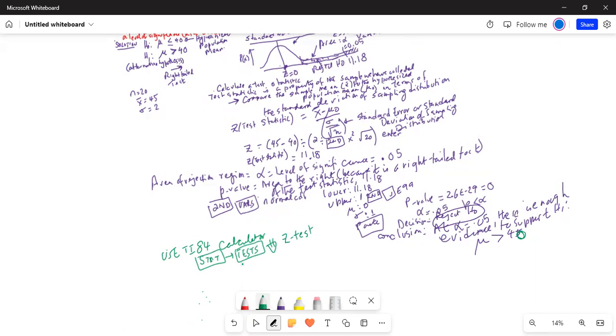Why z-test? Because we know sigma, the population standard deviation, is equal to 2. The population standard deviation is known as 2.